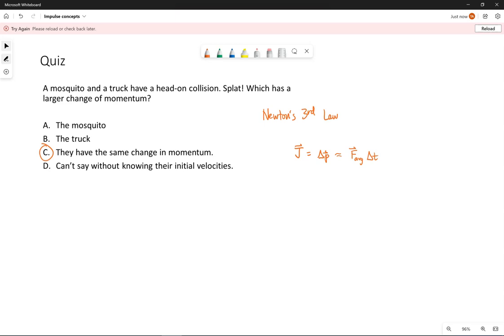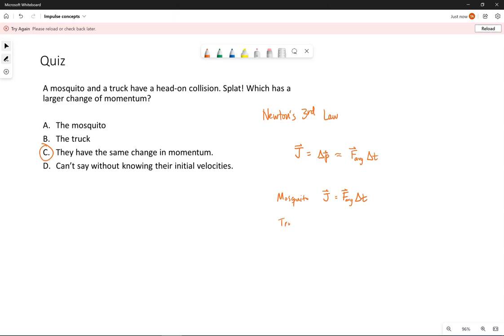So the impulse that the mosquito experiences would depend on the force it feels, on average, from the truck, times the amount of time that impulsive force, just that big force in the collision, is applied.